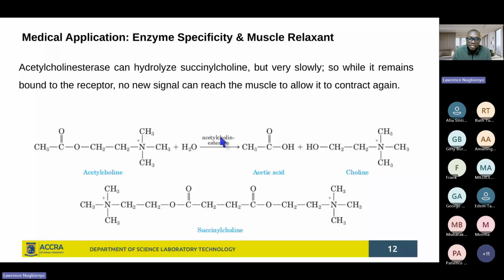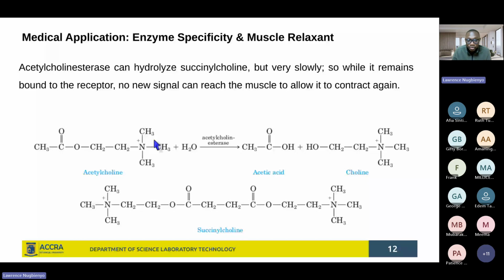This is an enzyme that we saw in our last lecture as a hydrolase, when we were looking at the classification of enzymes into the 6 major classes: oxidoreductases, transferases, hydrolases, lyases, isomerases, and ligases.